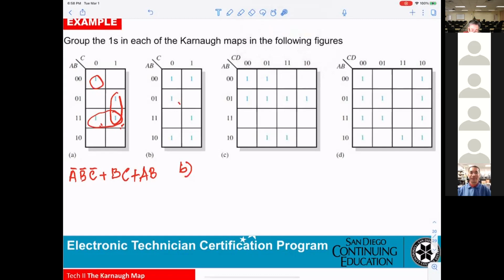That means neighbor here, right? Okay, so the equation will be not A, not C. Correct?